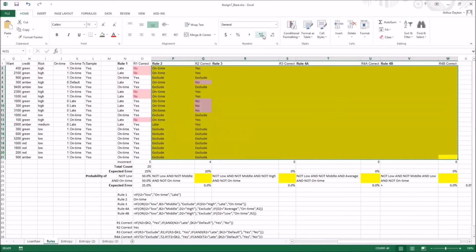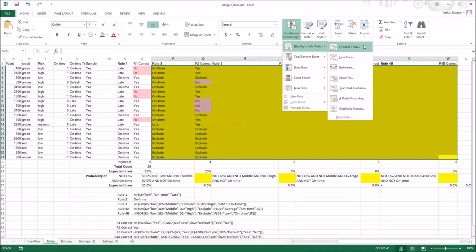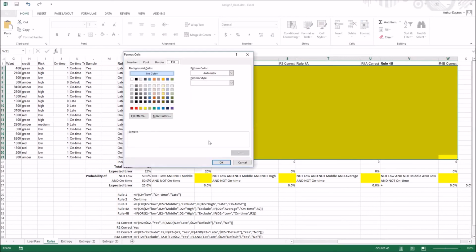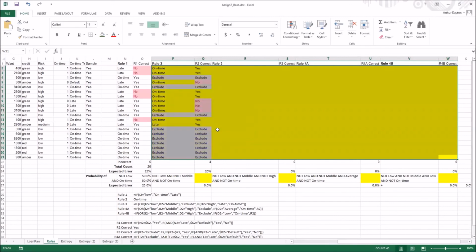And then also to further make this easier for us to read, we will apply one more conditional format, and we will say if our value is equal to exclude, then let's go ahead and format this with a gray background. We'll just pick that out, say OK, and OK.